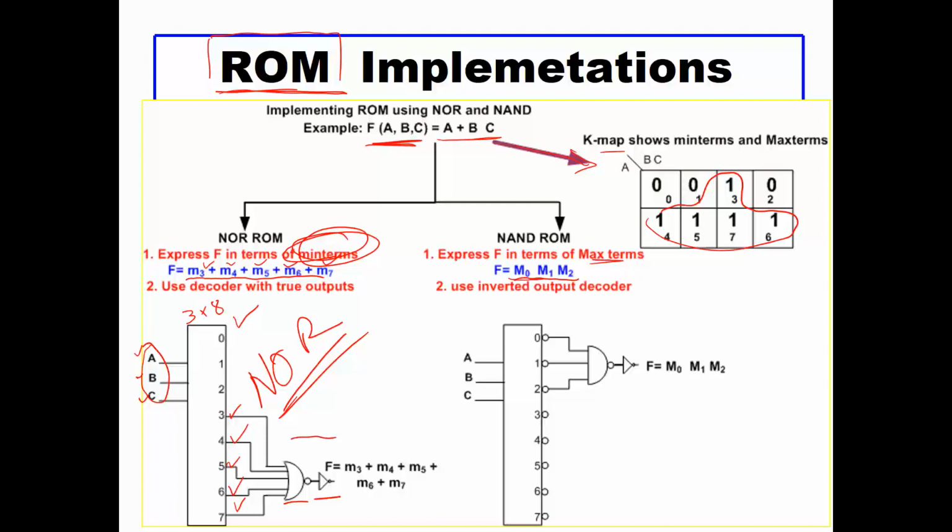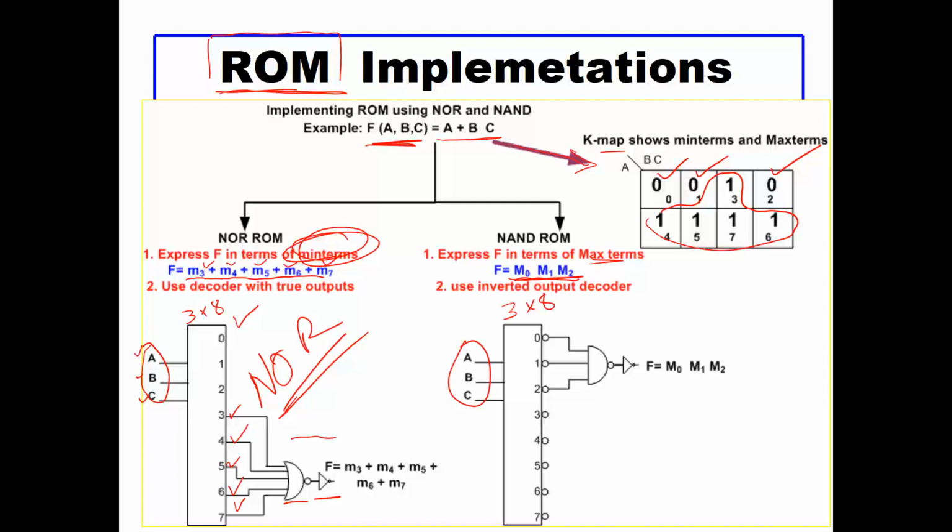If I multiply M0, M1, and M2 for the same function, these are the maxterms, and I get the same function. So to get this implementation, what I need is the same 3 by 8 decoder, same variables fed into it.